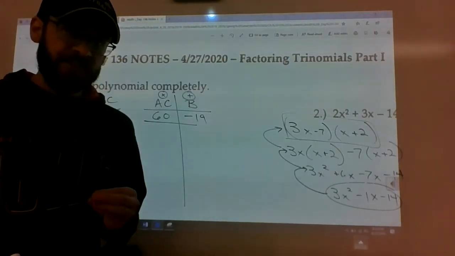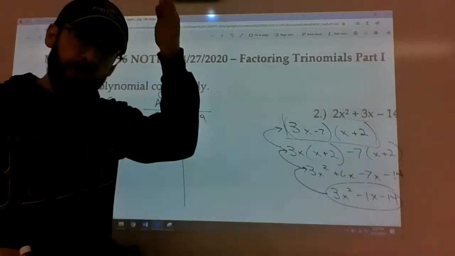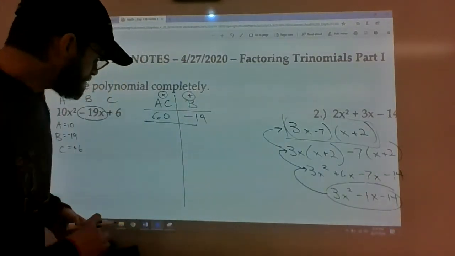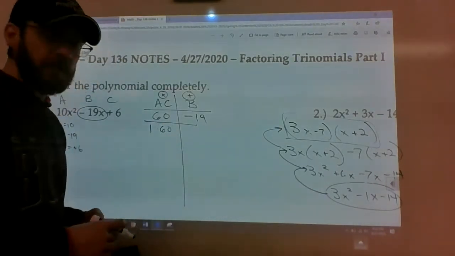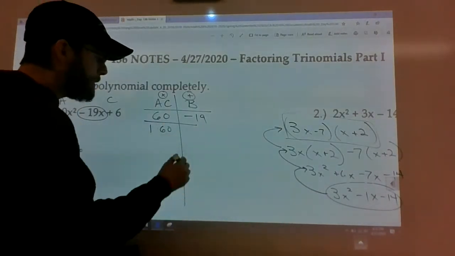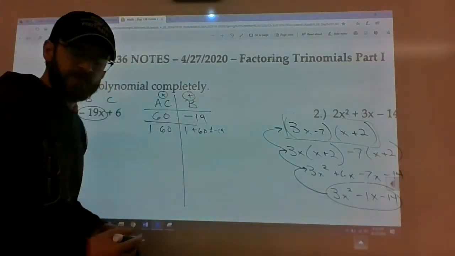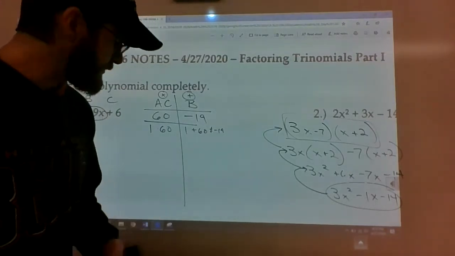Day 127 said find the sets of factors, and you created what seemed like 2 long lists of factors. Like, hey, 1 times 60 equals 60. But here's the thing, 1 plus 60 does not equal negative 19, so that one doesn't work. These are what I'm talking about when I say sets of factors.